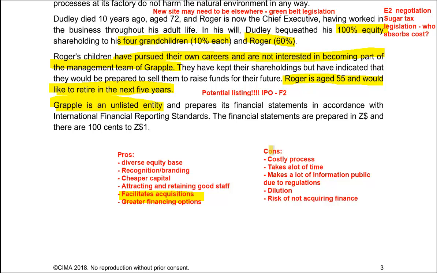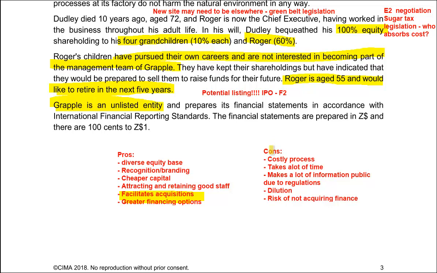It makes a lot of information public due to regulations. So, for example, competitors may get a few hints about what the company's up to in the future by looking carefully at their released statements, because it requires more information than the standardized sort of reporting necessary in most jurisdictions.